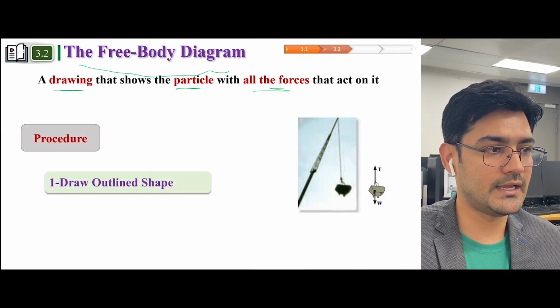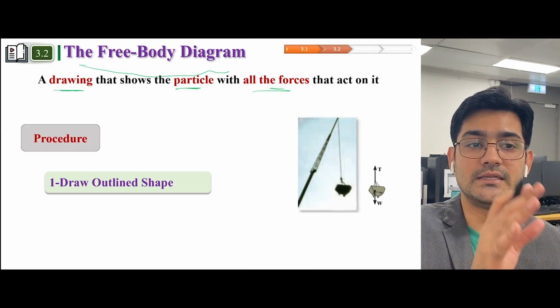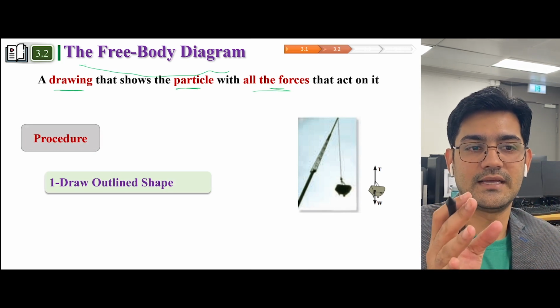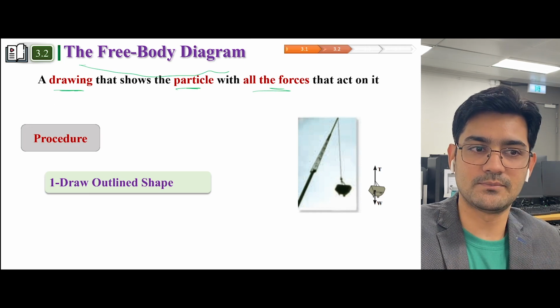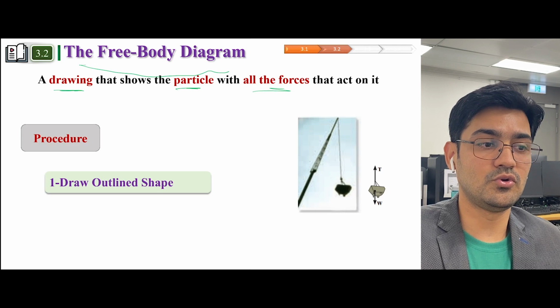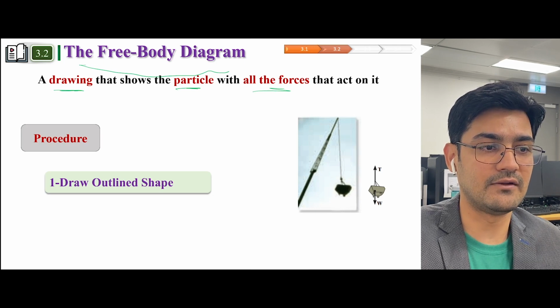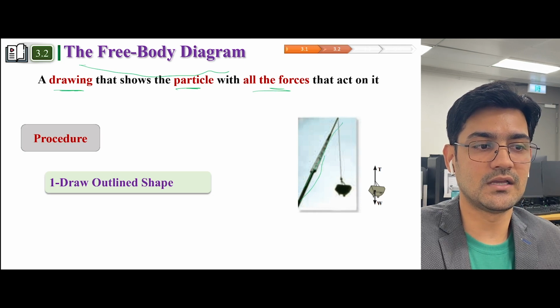Step 1 is to draw an outline shape. So imagine a particle to be isolated or cut free from its surroundings. This requires removing all the supports and drawing the particle outline shape. What I mean by that is, for example, let's just say you have this crane, right? You have this crane and the crane is lifting this weight by a cable.